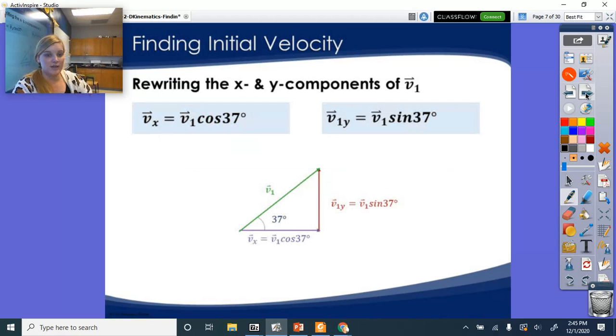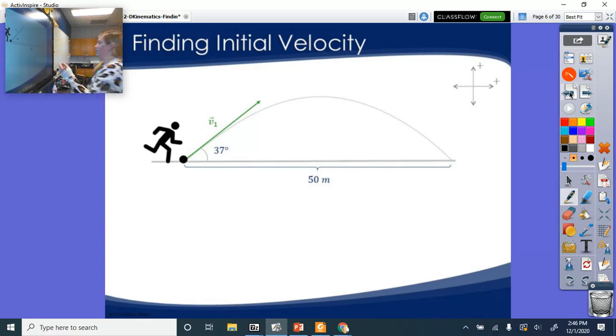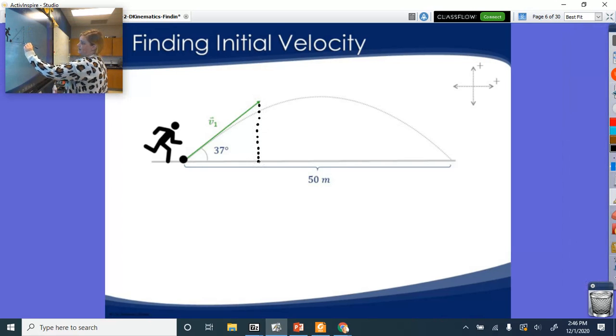So what we're going to do here is actually rewrite, let's go back here and set this up. We have our angle here to set up a triangle for our velocities. So we have velocity in the x and velocity in the y. Now we don't know what any of the v's are, but we need to figure out how we can set this up.